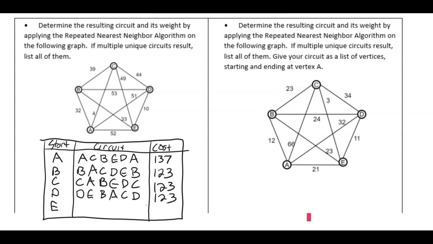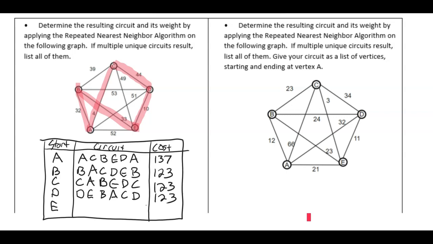So now we start at E. E, the cheapest, is to D. From D, 51, 53, 44. From C, definitely do that A. There's only one vertex left to hit, so let's hit it and get back home. Those last two moves should be a guarantee. You shouldn't have to think through what's the cheapest.